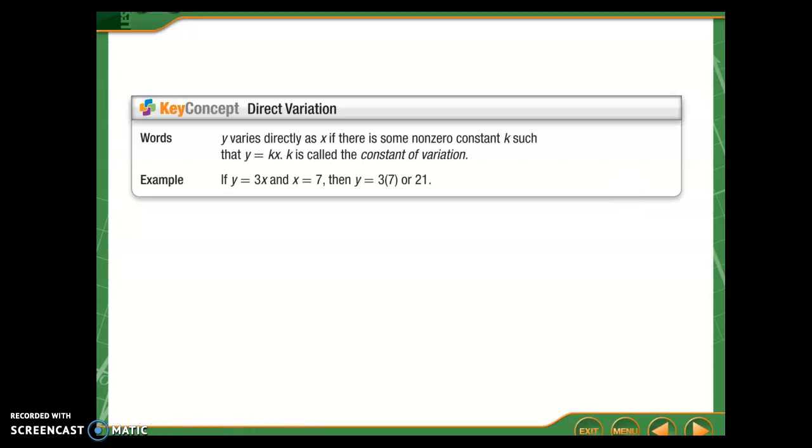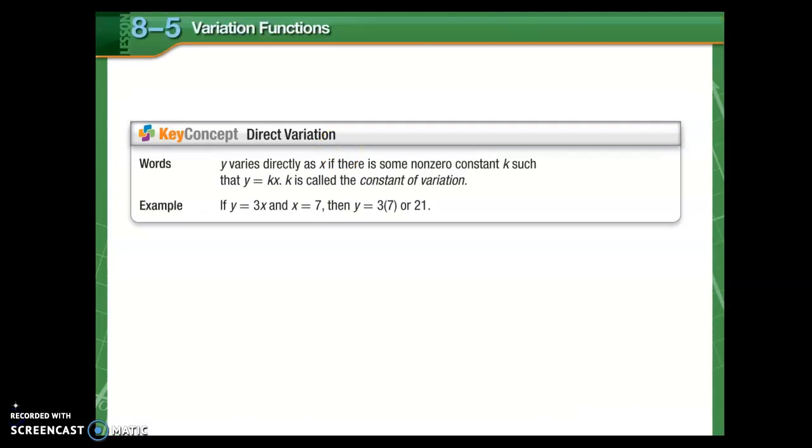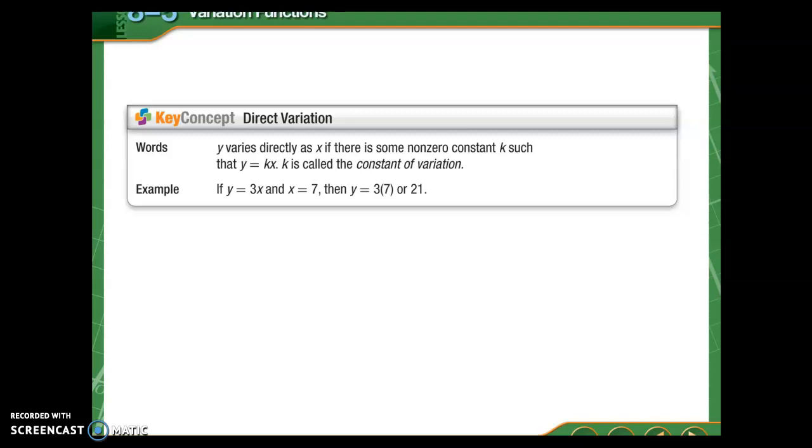So here's one way to look at it. Y varies directly as x. Since this varies by rate, 3 here is your constant. If this varies directly, once we figure out our constant, that's our rate of change, then we can write a linear equation. The other thing is that since it varies directly, it's proportional.